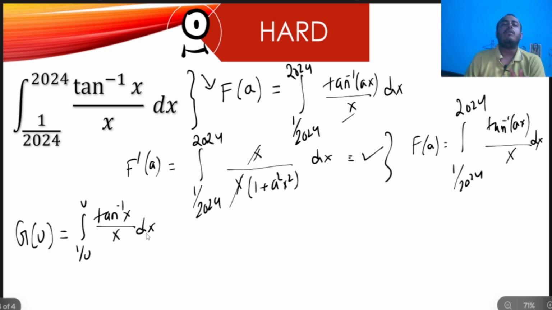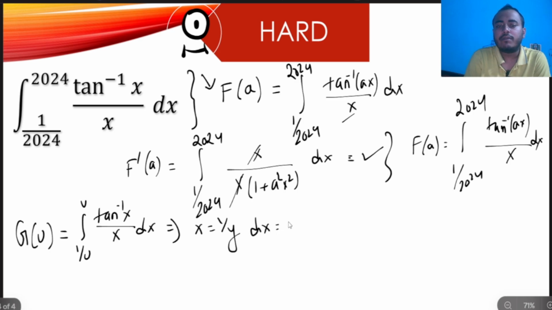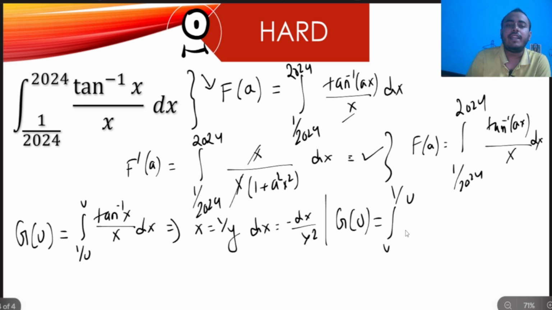Now try making the substitution x equals 1 by y here. So what happens? This gives me dx equals minus dy by y squared, correct? Let us put that value in. We get that g of u equals, since x is 1 by y, the limits are reversed, so it's basically u to 1 by u now. And tan inverse of 1 by y is nothing but cot inverse of y.